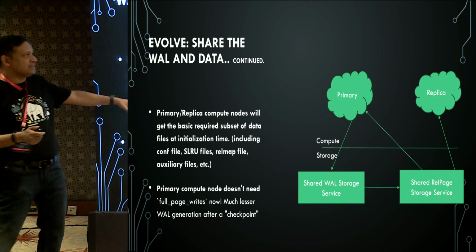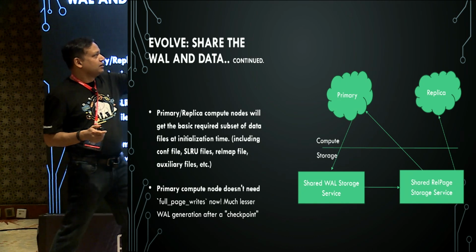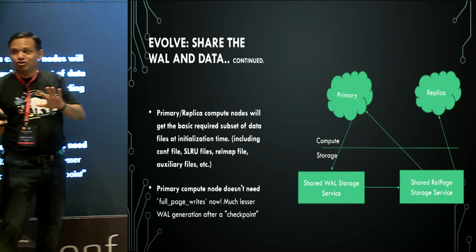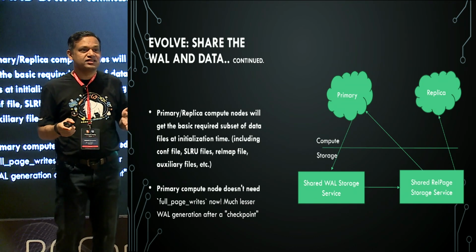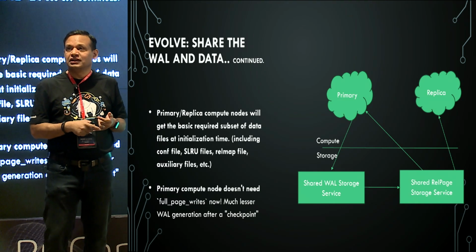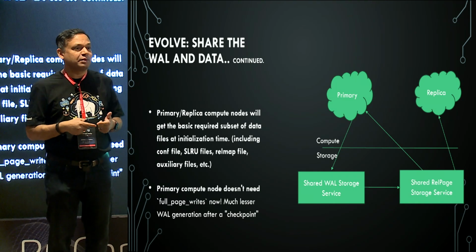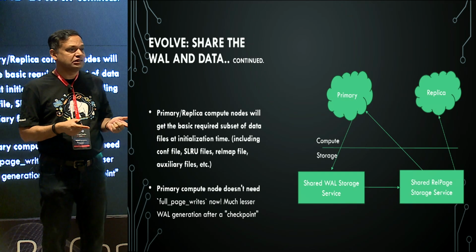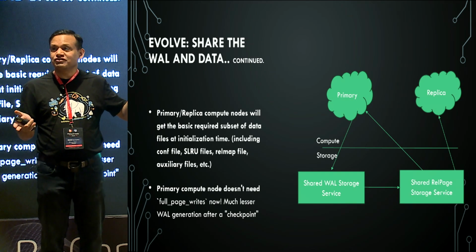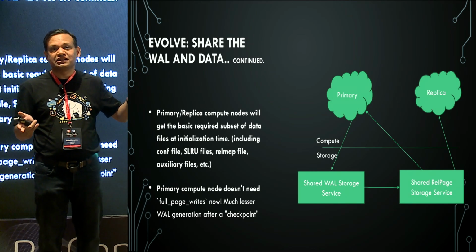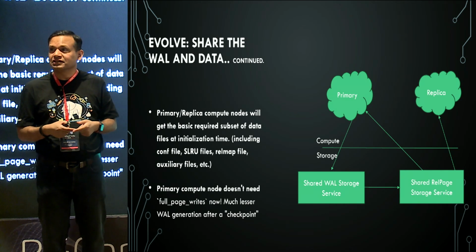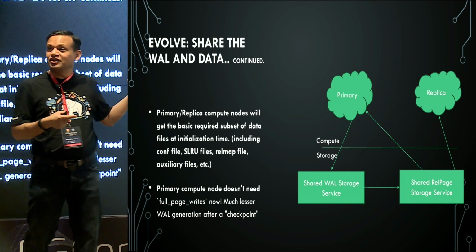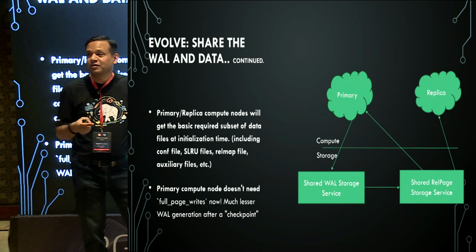And again, in this case, it's all tied back to checkpoints. So in traditional Postgres, when we do checkpoints, the first change that happens to any page after a checkpoint saves a full page image of that page into WAL before it makes the modifications. That is why we have this full page write parameter.